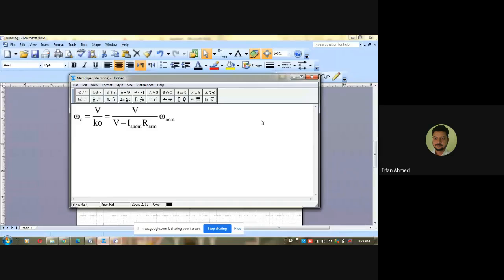So the no load speed becomes V upon V minus rated current into armature resistance, multiplied by the rated speed. We already have V, the applied voltage to the motor, the rated speed, and the rated armature current. So the only thing required to calculate omega 0 is the armature resistance of the motor. Is this clear? Yes, sir.